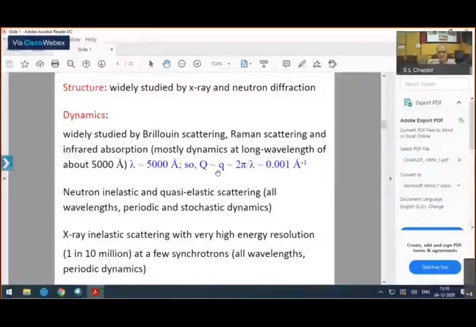Neutron scattering, as I said, is much less efficient, but it allows for all wavelengths which are of interest in a solid material. So you don't worry about very large wavelengths, but of the order of 1 angstrom or a few angstroms, less than 1 angstrom to maybe about 10 angstroms, can be easily done.